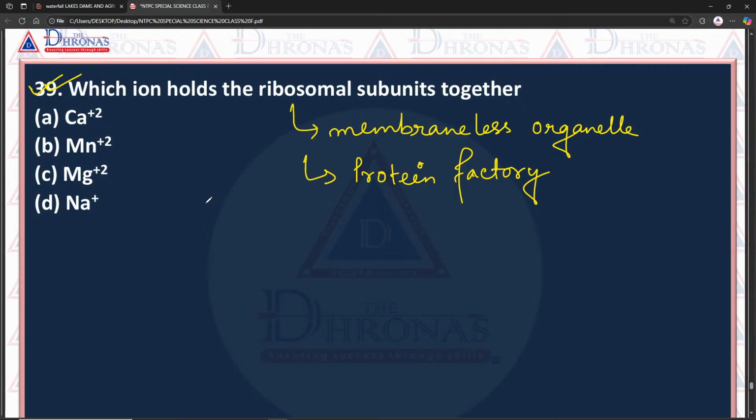Ribosomal subunits are attached with the help of magnesium ion, Mg2+. So did you get my answer?